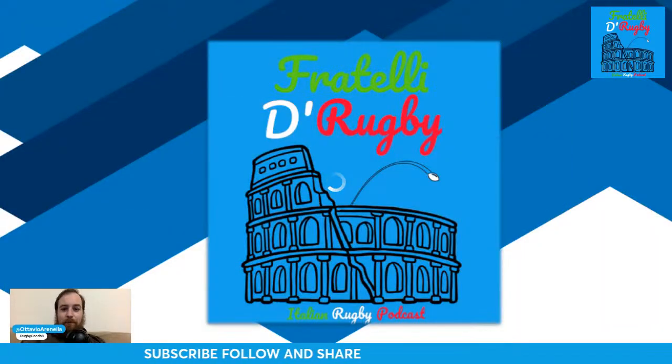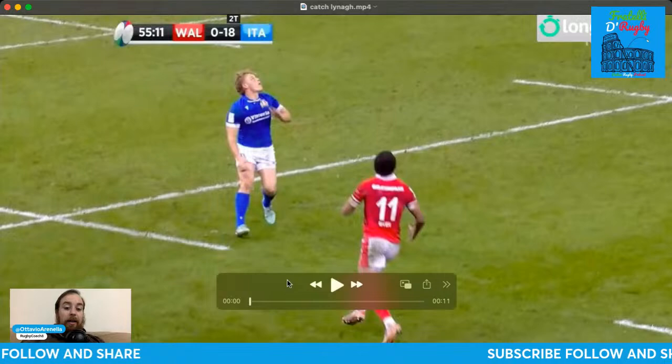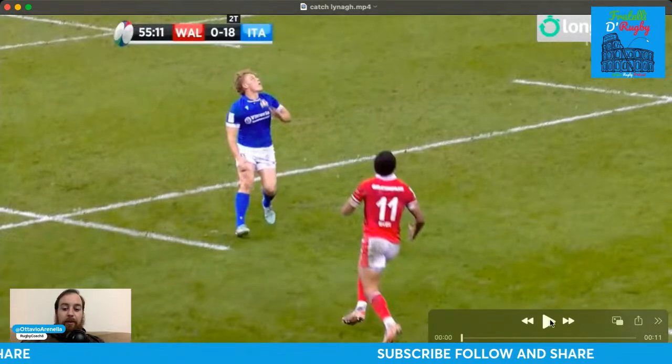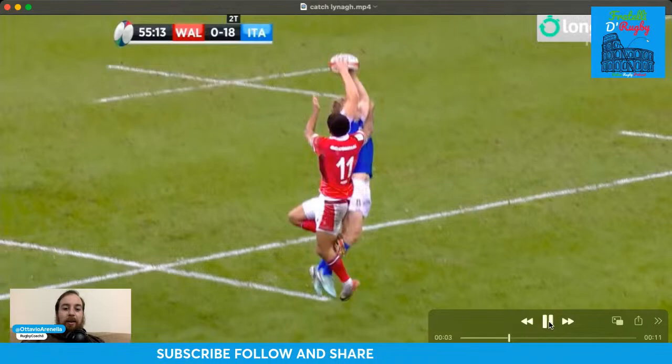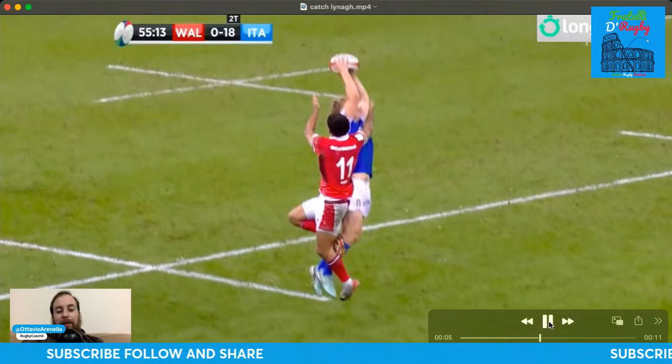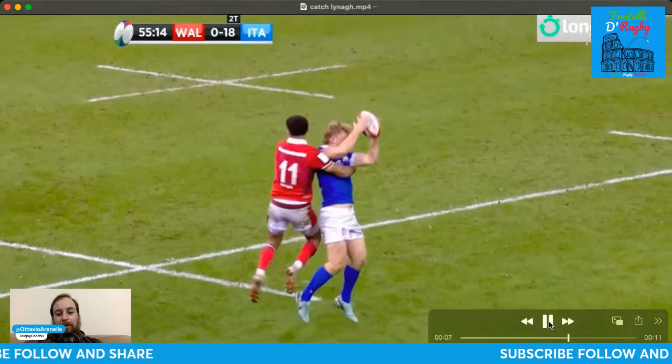Let me share this. This is something that I said reminds me of bigger players like Folau, Caleb Clarke, actually. I always thought about Caleb Clarke, this kind of catch, but this catch, guys, it's so confident what he's doing here.